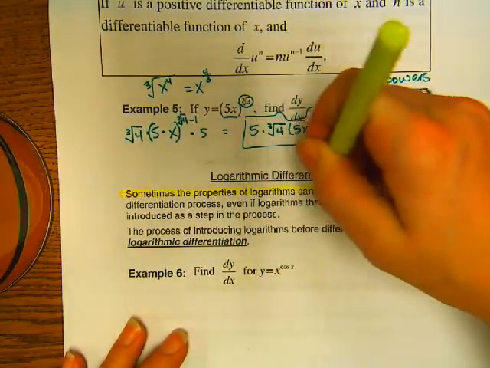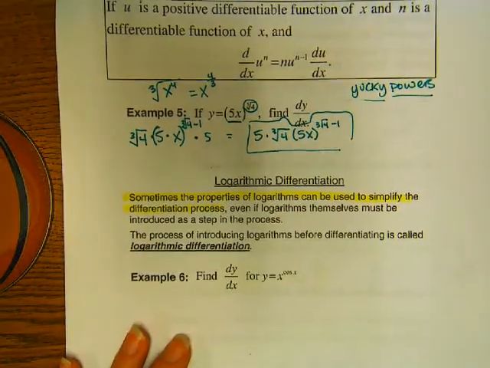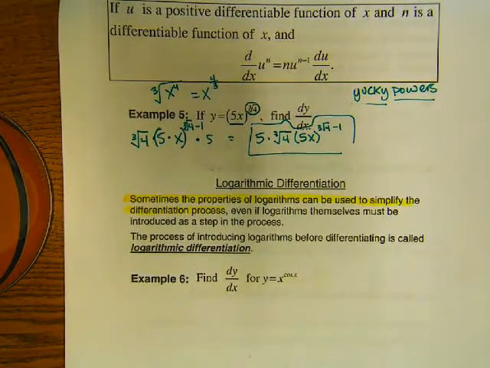It says sometimes the properties of logarithms can be used to simplify the differentiation process, meaning that before I start, logs are not maybe our favorite thing, right? But before I start the process of differentiation, logs do have some important qualities, namely, don't they bring powers down?